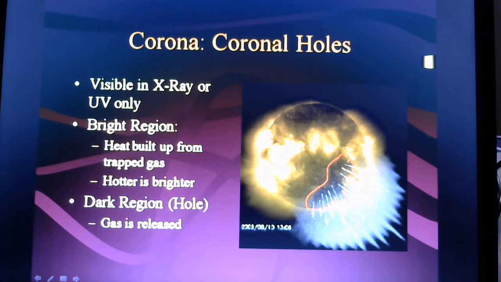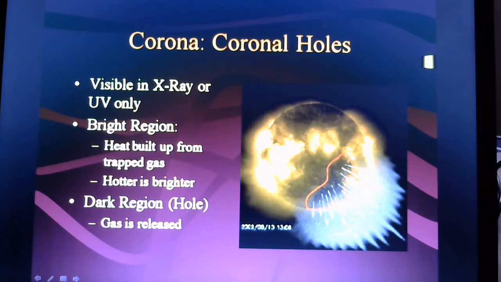So the bright regions means there's more energy building up there in order to send out stronger X-ray and ultraviolet radiation. You would get more energy when you have heat that's building up from gas that's being trapped. So remember, always on the sun, like with sunspots and the surface of the sun, hotter is always brighter. So heat is building up in these areas. But over here where it's darker, it looks like a hole.